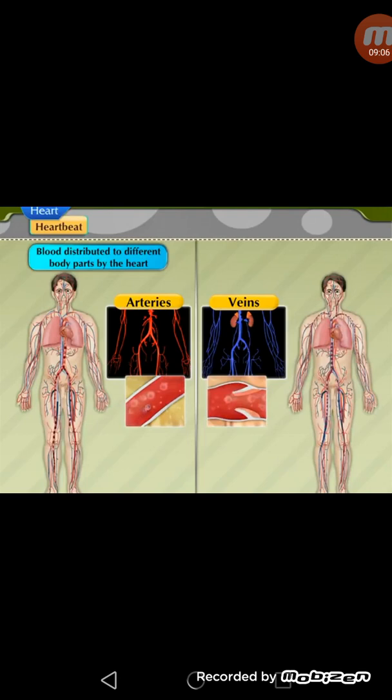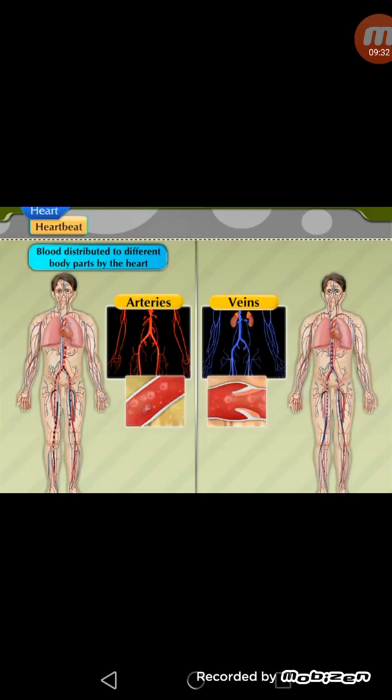So we can say the walls of the heart chambers are made up of involuntary muscles. These muscles keep on working on their own and we have no control over them. The heart muscles expand and contract regularly and continuously throughout life. This rhythmic contraction and expansion of the heart muscles is called a heartbeat.